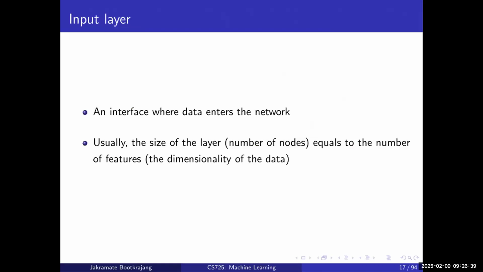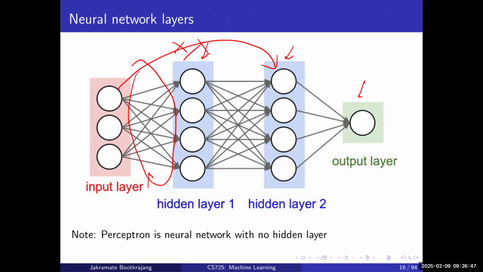And the input layer is basically the interface to the entire network. How many vertices there are in the input layer is based on your data. So however many dimensions your data has, you would have the same number of input nodes, because when you feed your data into the network, you feed it into the input layer.